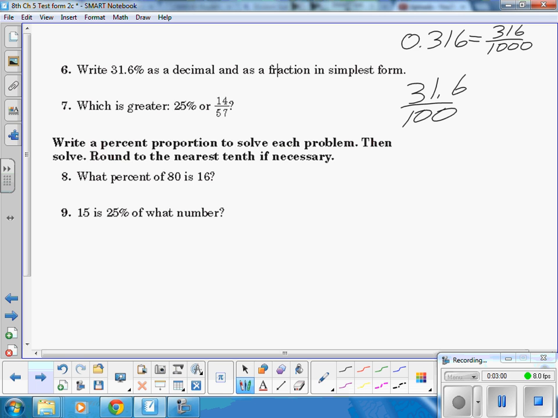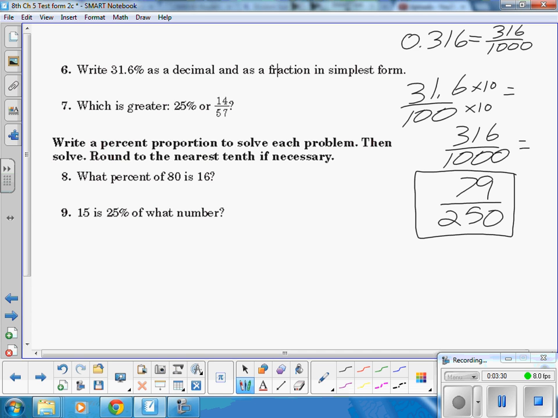The best way to fix that is to multiply the top and bottom by 10. When I multiply the top and bottom by 10, I get 316 over 1,000. 316 over 1,000 is equal to 79 over 250.